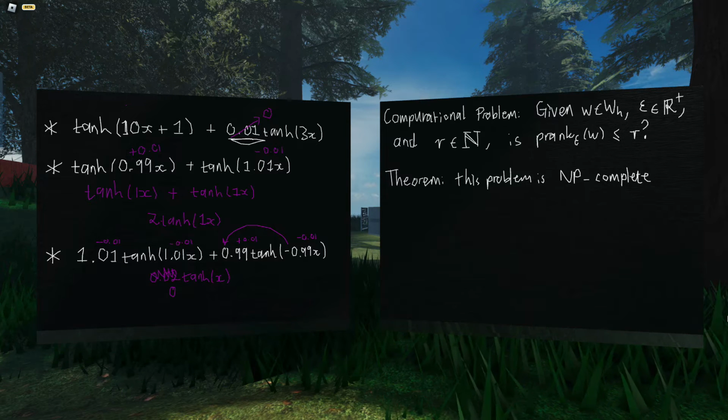So the fact that detecting whether or not you're near this bounded rank region is NP complete as a computational problem says something about how the shape of this bounded rank region is intricate, computationally tricky or complex, or at least parts of it are computationally complex.